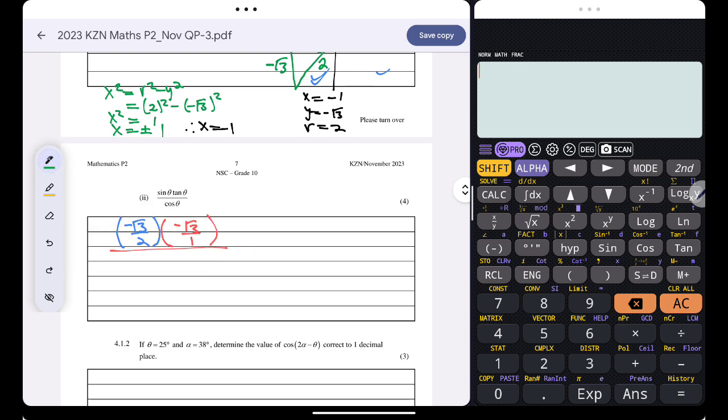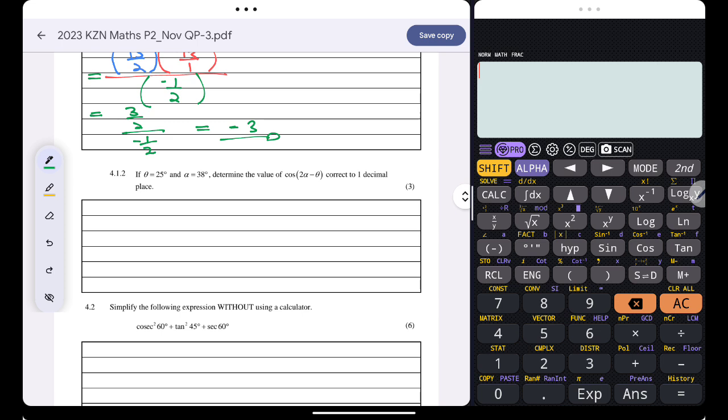And then divided by cos theta. Cos theta is x over r. This is minus 1 over 2. Right, together. This thing will give me 3 over 2 divided by negative 1 over 2, which will further give me a negative 3. So the answer to this thing is negative 3.